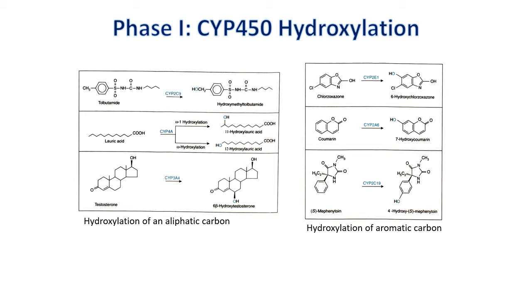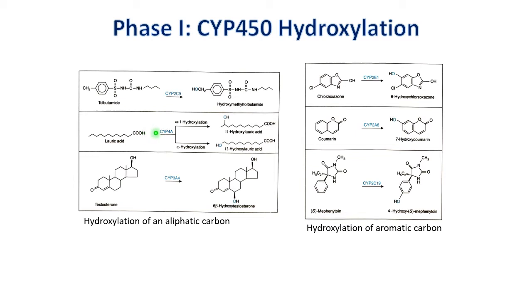So let's see, tolbutamide, that's probably an old drug, but that is converted, for example, we're gaining a hydroxyl group on this methyl by CYP2C9. Lauric acid is not a drug, but you might be familiar with that. Remember, sodium lauryl sulfate is in shampoos and things, so this is related to that.